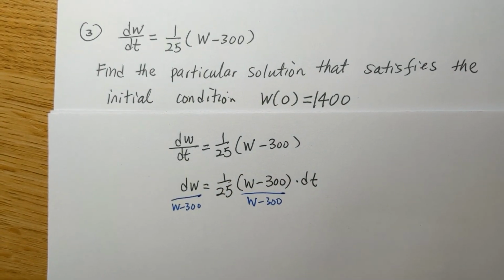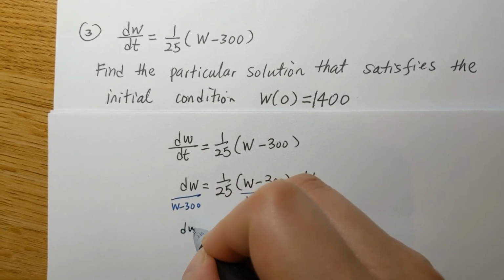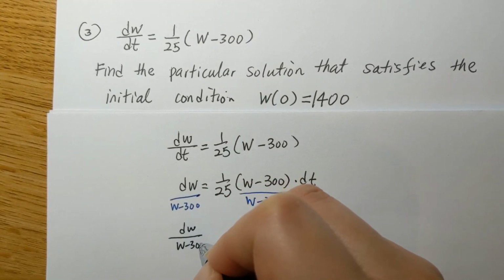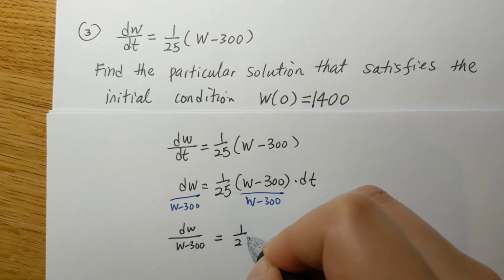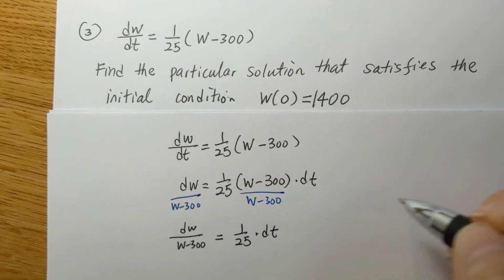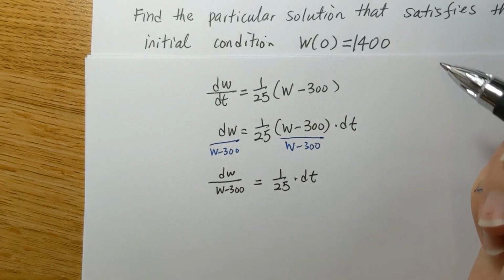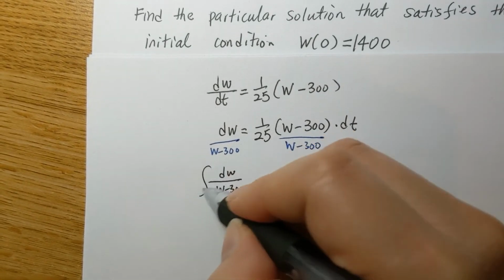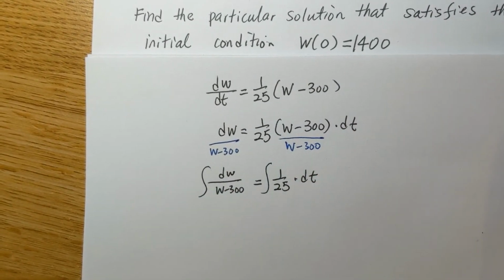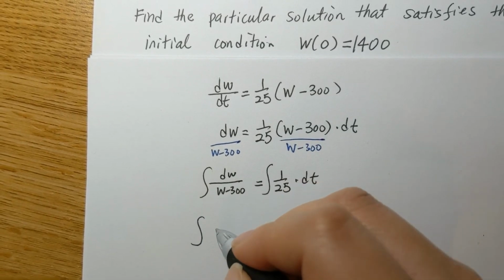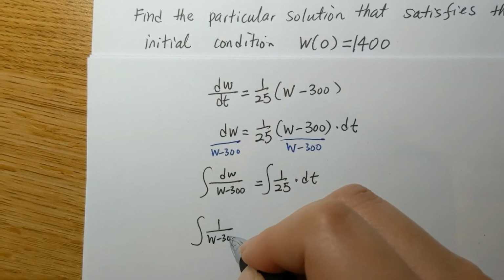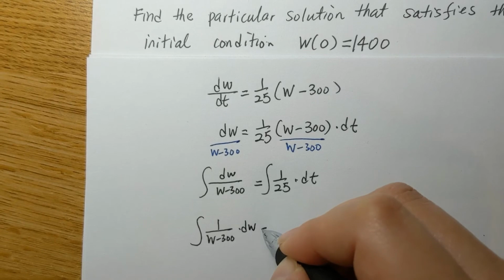Now I get dw over w minus 300 equal to 1 over 25 times dt. So even though we have a different variable, the concept is the same. So next step, we put the integral symbol. So I'm going to rewrite 1 over w minus 300 times dw.